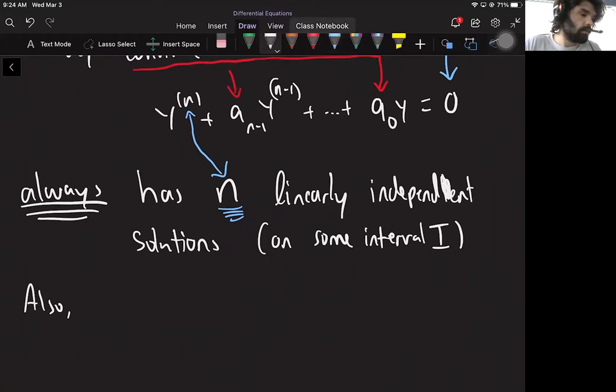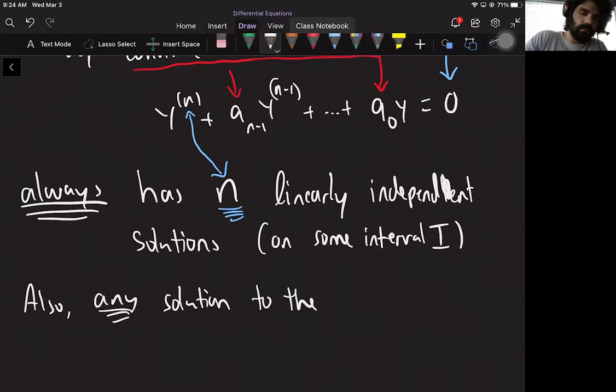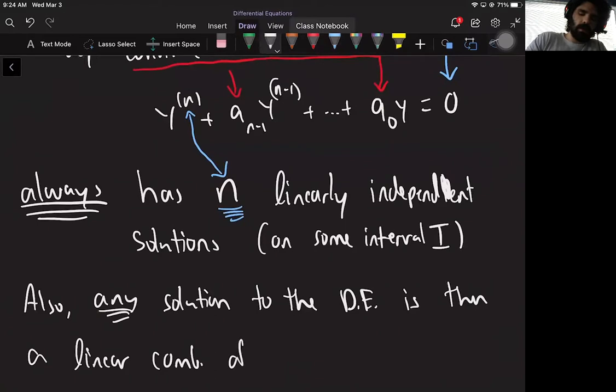In fact, also any solution that you can possibly think of to the differential equation on that same interval is then a linear combination of those solutions.